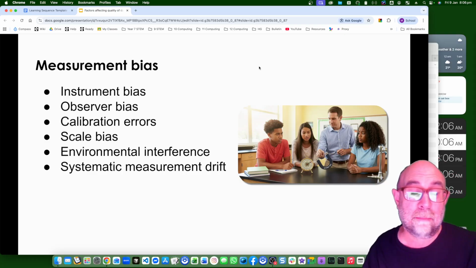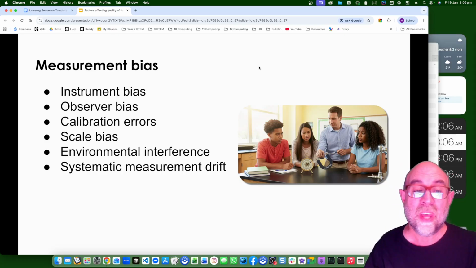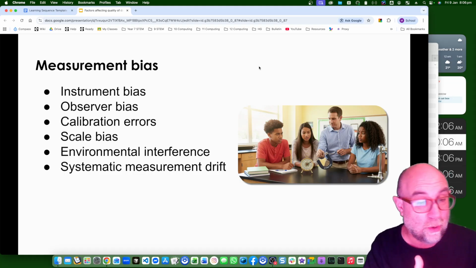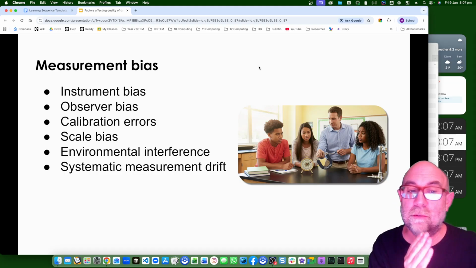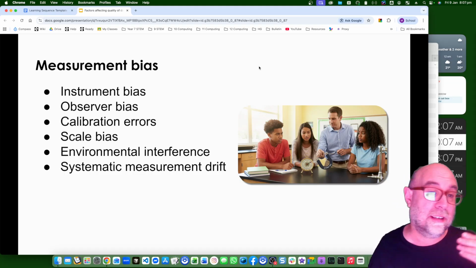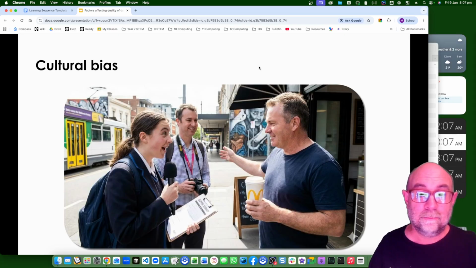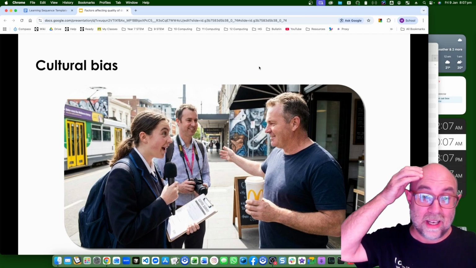It's going to appear much less sensitive than it really is. And you've also got systematic measurement drift. And systematic measurement drift is just where things go out and we don't necessarily notice because it's happening very gradually, and we don't realise that the thing that was measuring accurately yesterday, 6 months ago, 12 months ago, is no longer measuring accurately.